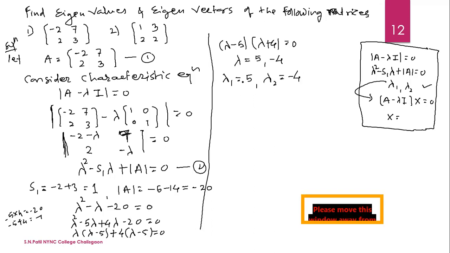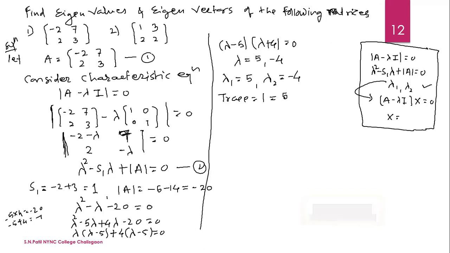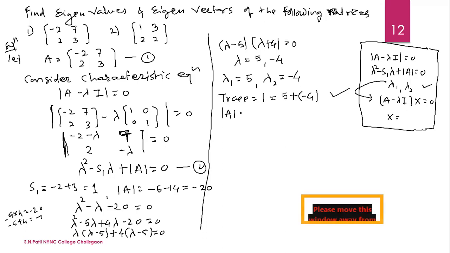We can verify. We know that the addition of the roots is the trace of the matrix. The trace of the matrix is 1, and it should be the same as the sum of the roots. The second verification is the product of the roots: the product of the eigenvalues is equal to the determinant of the matrix.